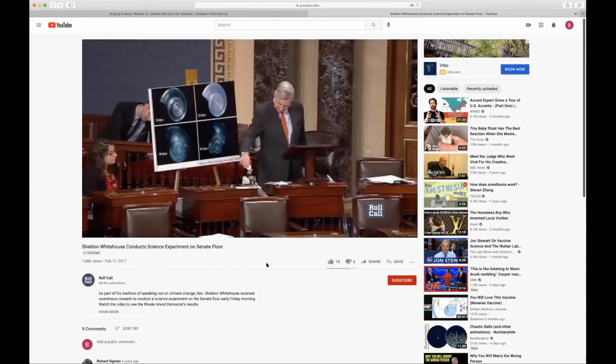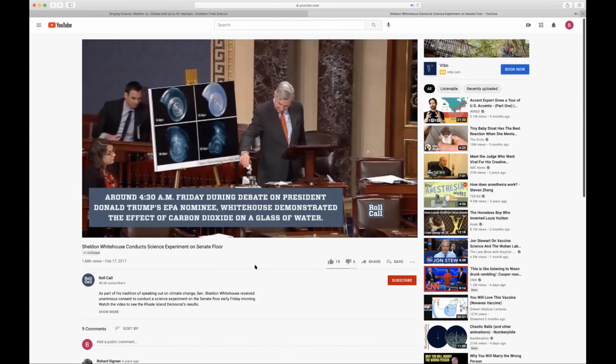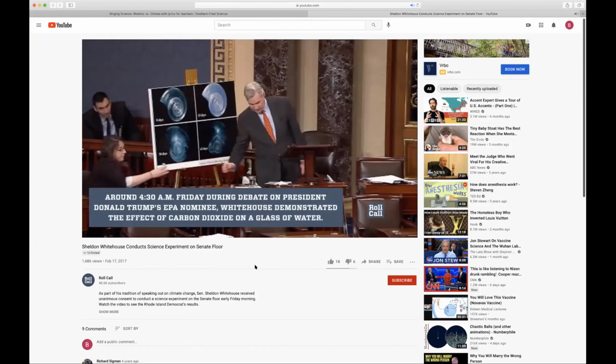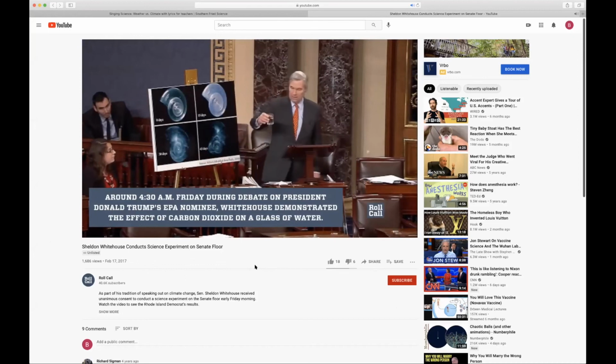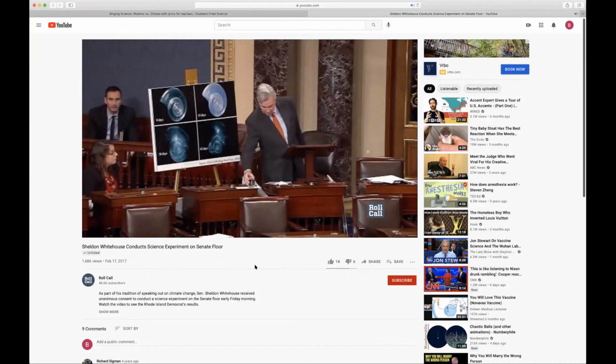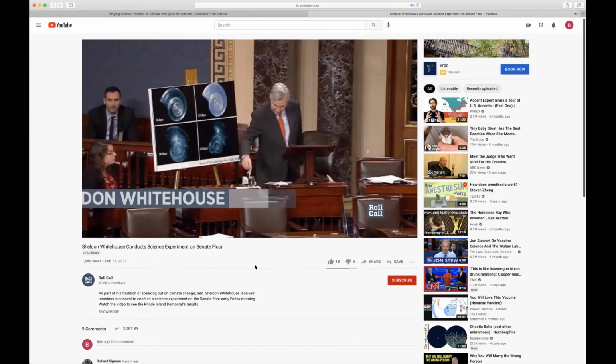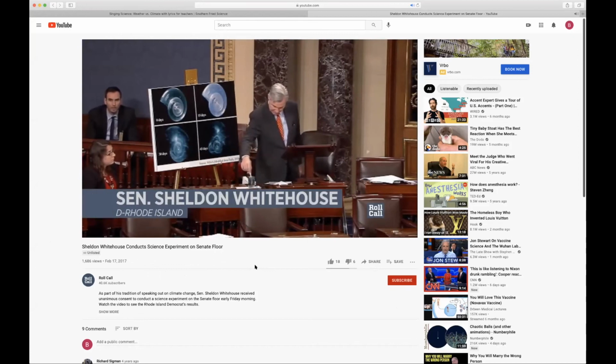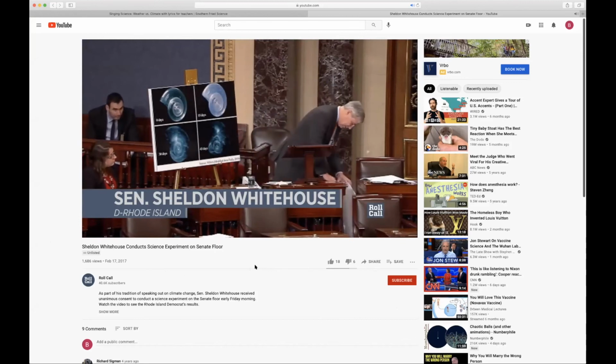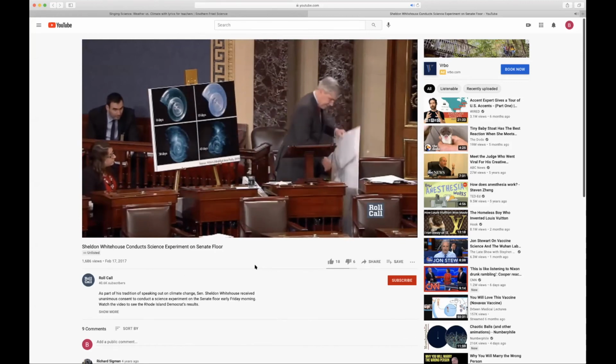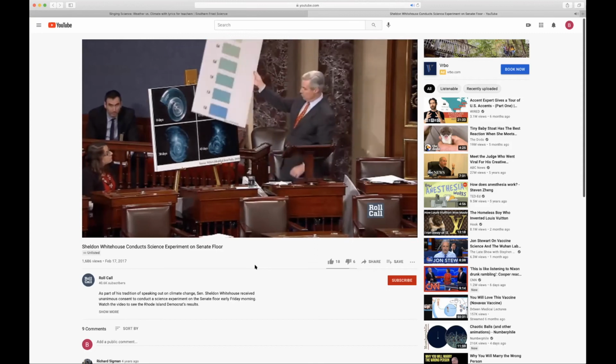This is a glass of water, and I have just put 20 drops of a pH test into it. That shows what the acidity of the water is.